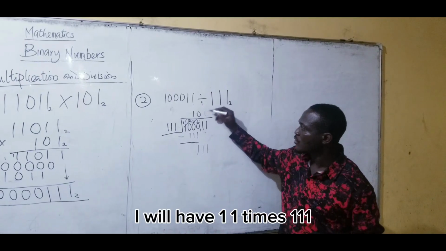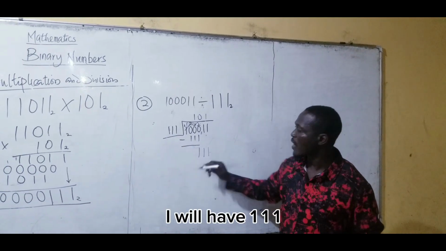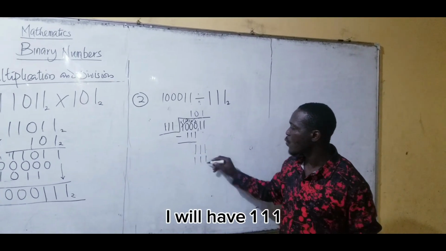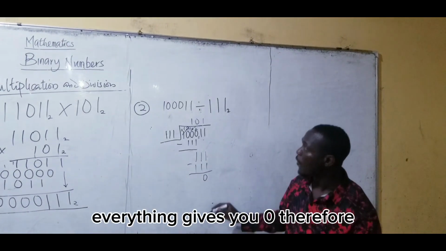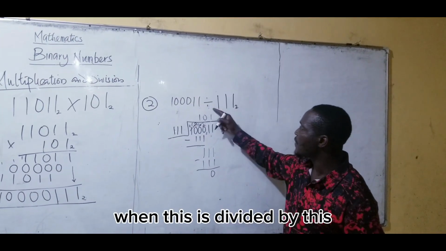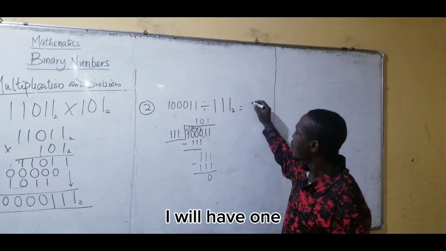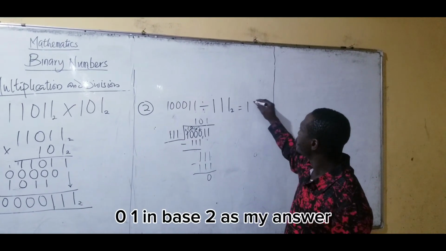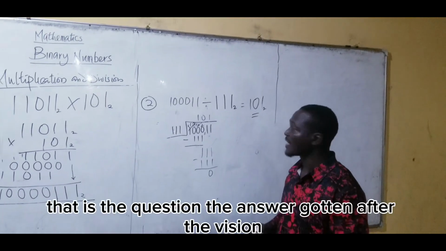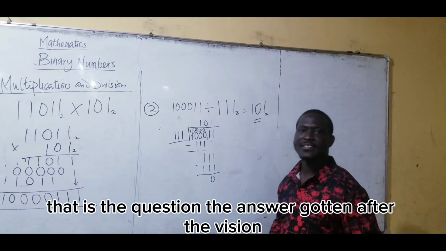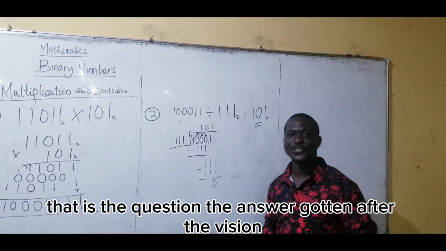I will have 1. 1 times 111, I will have 1, 1, 1. So when you put your subtraction sign, everything gives you 0. Therefore, when this is divided by this, I will have 1, 0, 1 in base 2 as my answer. That is the quotient, the answer gotten after division.